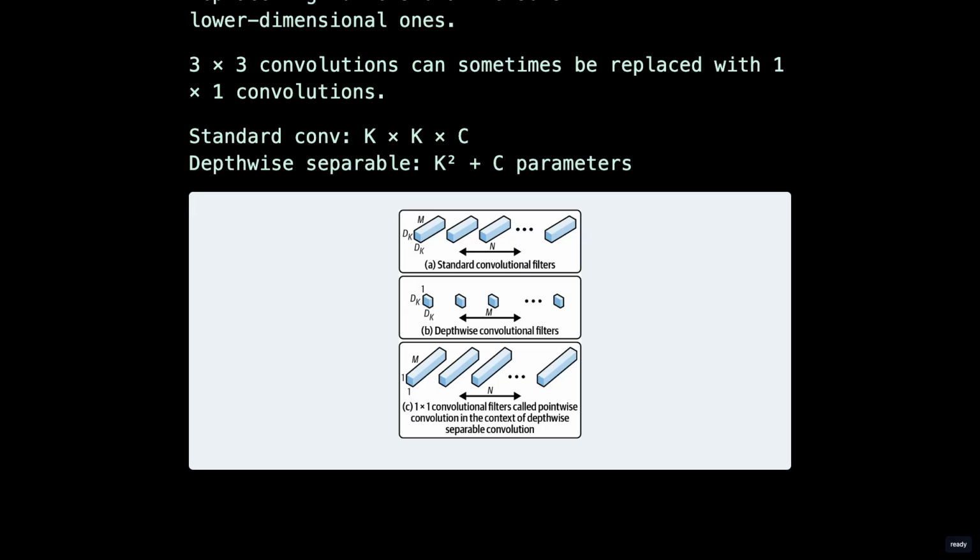Track the 2 stages in the figure. One stage handles spatial filtering inside each channel, and the other stage combines information across channels. The point is not to do all the work in one heavy filter, but to split the job into simpler pieces.